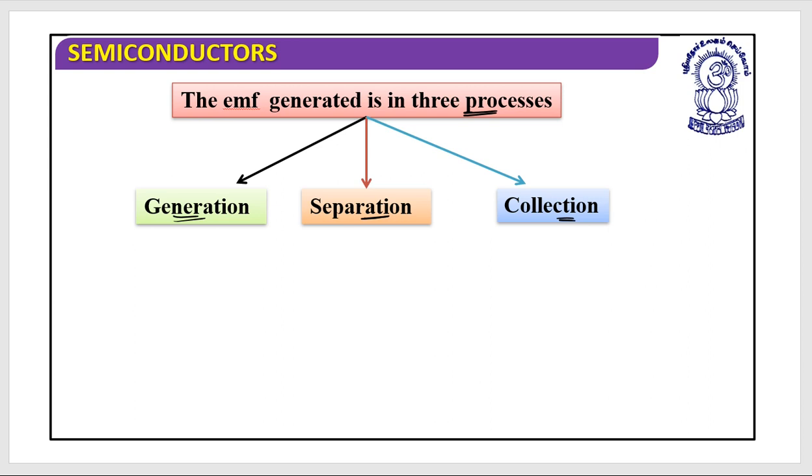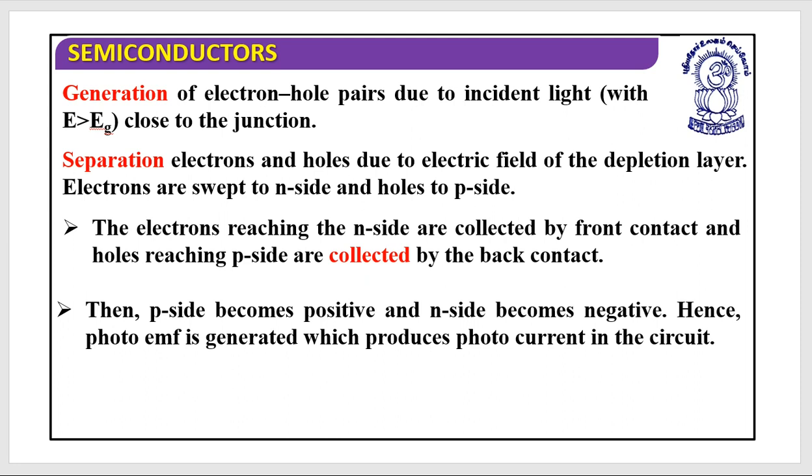Now let's understand one by one. Generation is the generation of electron and hole pairs due to incident light close to the junction. Separation is the separation of electrons and holes due to the electric field of the depletion region. So electrons are swept to the n side and holes are swept to the p side.